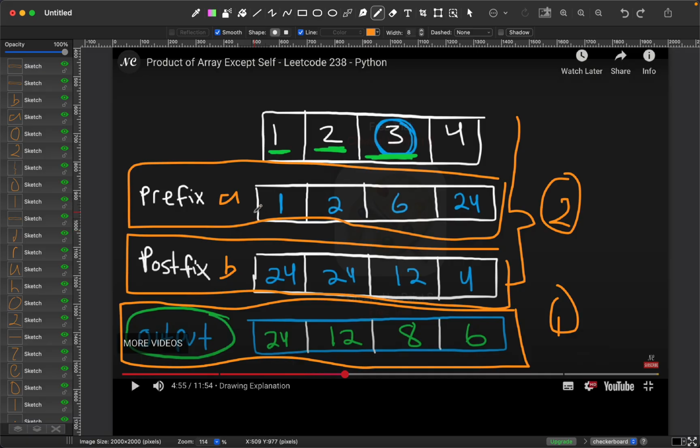So in A, first and foremost, use the imaginary one and then multiply by 1, you get a 1.